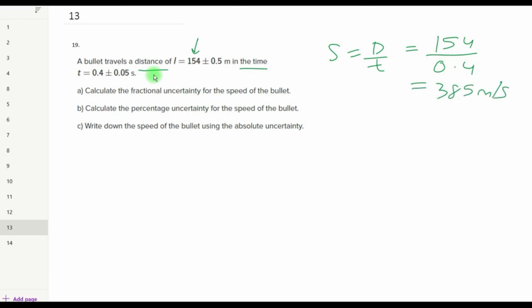Now we have to consider the uncertainties involved in this particular question. The first part is to calculate the fractional uncertainty for the speed of the bullet.